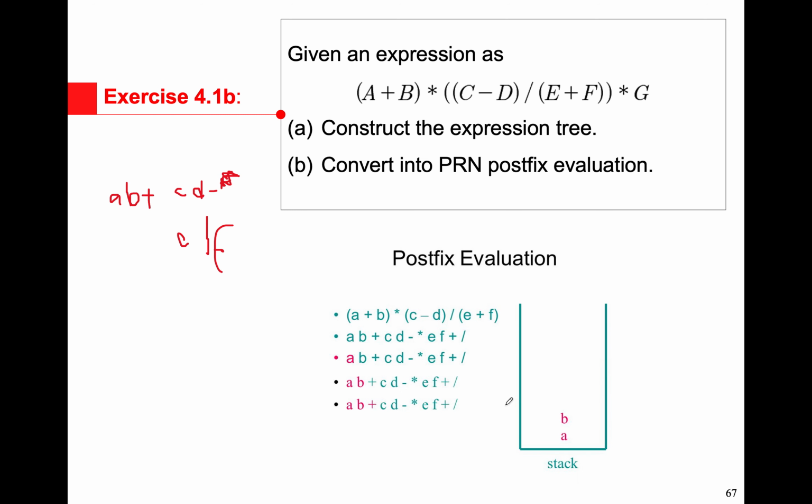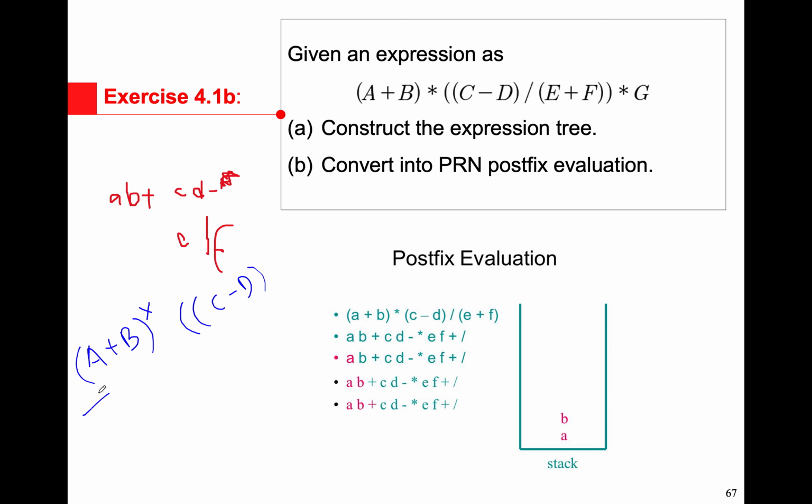So you can also try to do exercise number 4.1. Over here you can see you have 4.1b. You have a plus b multiplied by bracket c minus d.